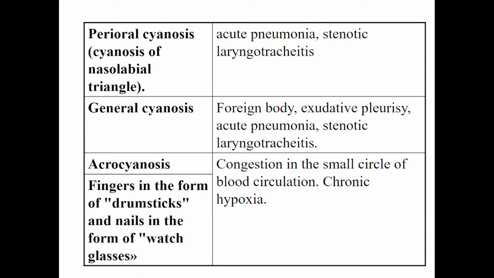We will examine the skin color that children with lung pathology can have. Perioral cyanosis is typical of cyanosis of the nasolabial ring, acute pneumonia, stenotic laryngotracheitis.